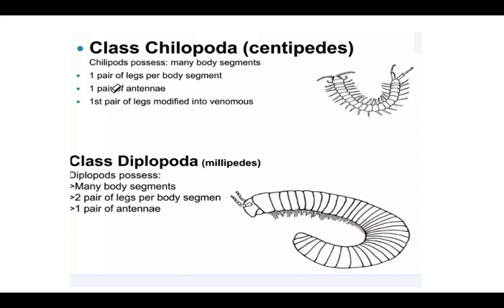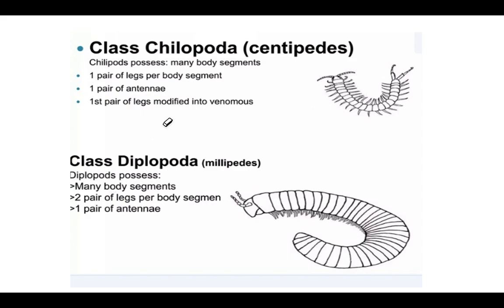They have one pair of legs per body segment, and one pair of antennae. The pair of legs are modified into venom claws. So this animal is more venomous.